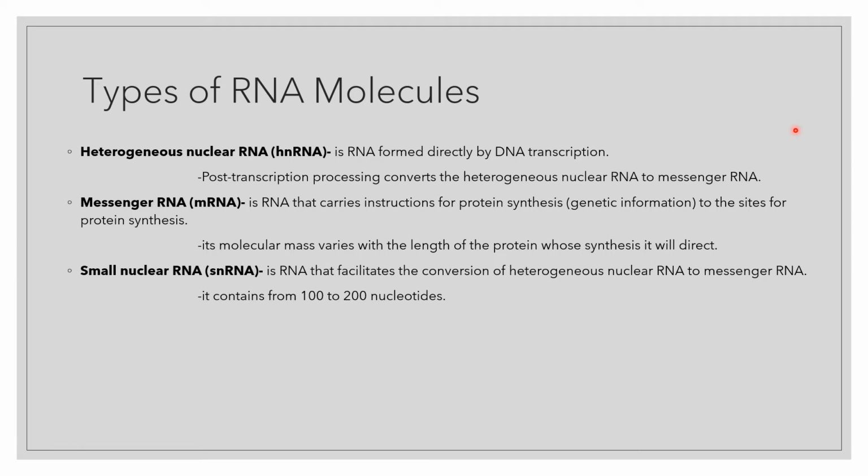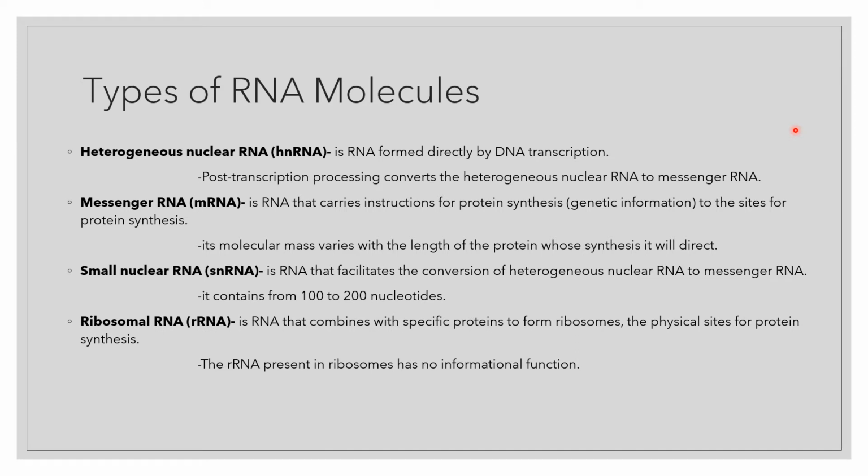Third, we have the small nuclear RNA, that is snRNA. It is a type of RNA molecule that facilitates the conversion of heterogeneous nuclear RNA to messenger RNA. It contains from 100 to 200 nucleotides. Fourth, we have the ribosomal RNA, abbreviated by a small r and RNA.